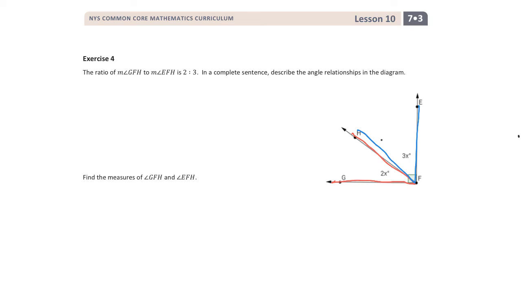So what it means by 2 to 3 is that we're going to have 2x degrees and 3x degrees. Now by looking at this angle here, we have our little box, which means that our angle equals a total of 90 degrees. So when we write out this problem, I'm going to have 2x plus 3x equals 90 degrees.